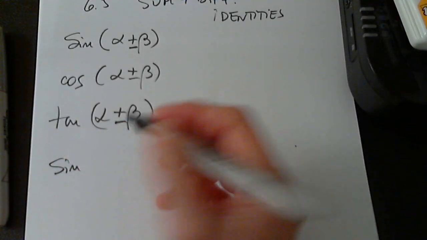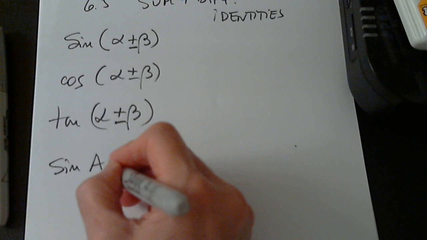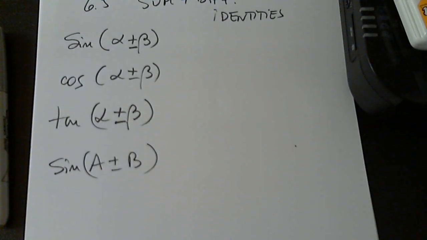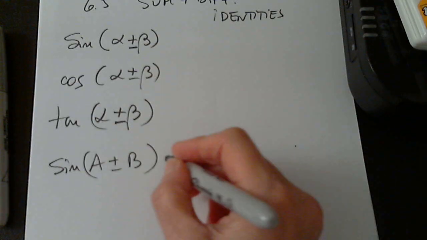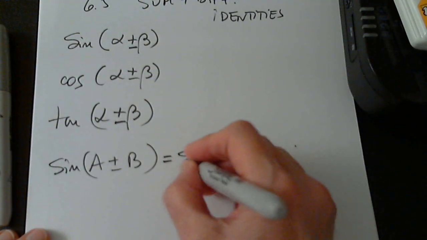So let's start with sine. Maybe it's better if I just write A plus B or minus B. Maybe it's easier for you to remember, maybe, maybe not. Okay, so here's the formula.